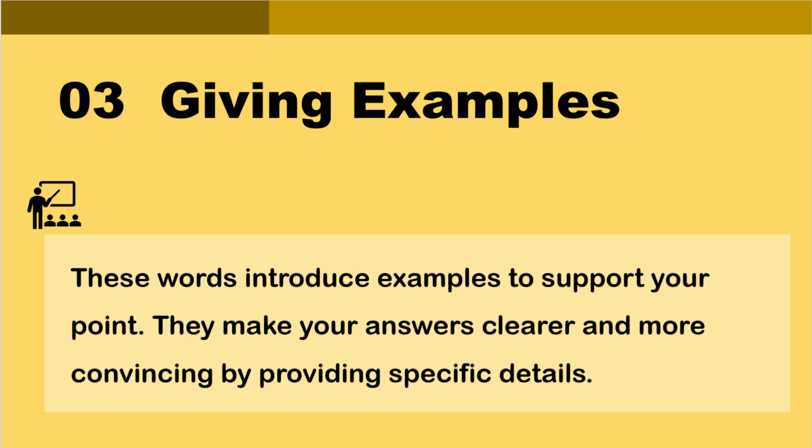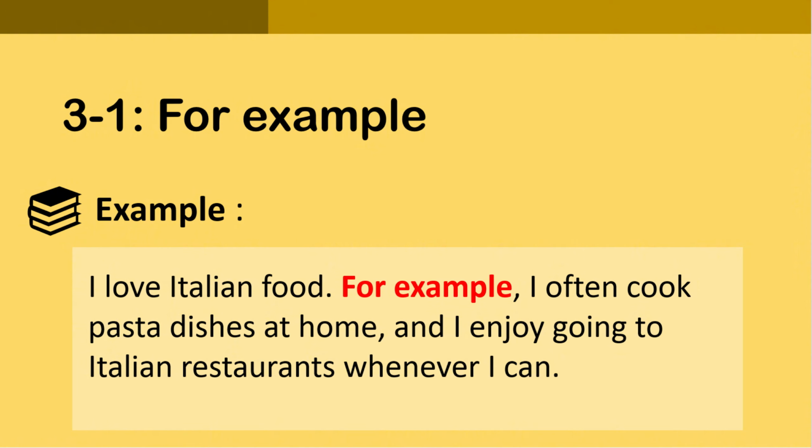3. Giving examples. These words introduce examples to support your point. They make your answers clearer and more convincing by providing specific details. 1. For example. Example. I love Italian food.